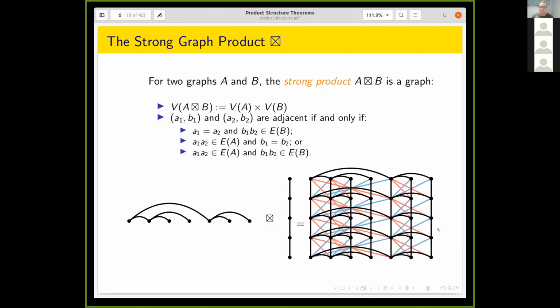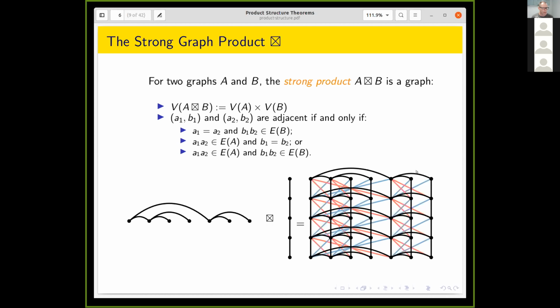And not only that, but I see these diagonal edges, which you get when the corresponding vertices are adjacent both in A and in B. So for example, this vertex and this vertex are adjacent in the tree, and these are adjacent in the path, and so you get this red diagonal edge that joins those two things.